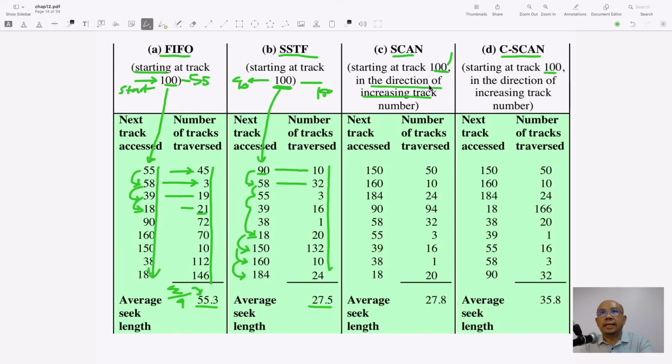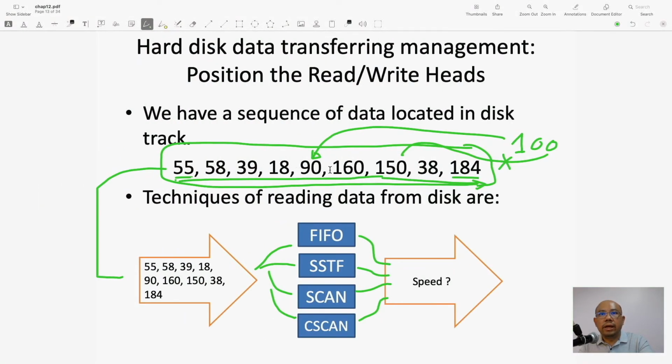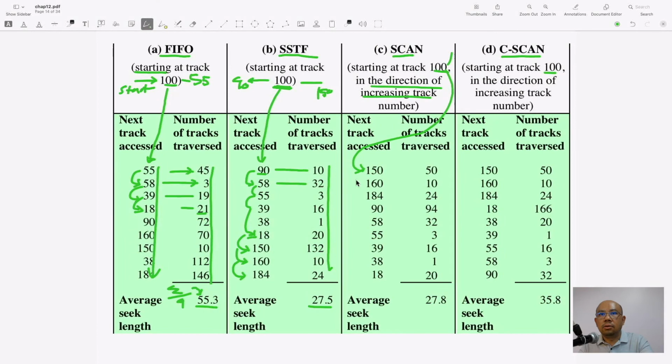So from direction increasing 100, the head of the hard drive will move from 100 to 150, and now from 150, the next location is 160, so it moves to 160 and then to 184.